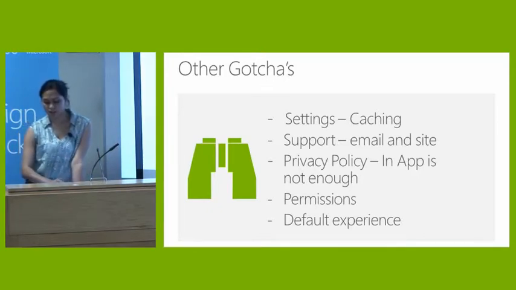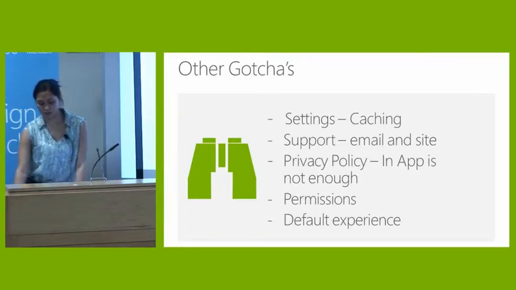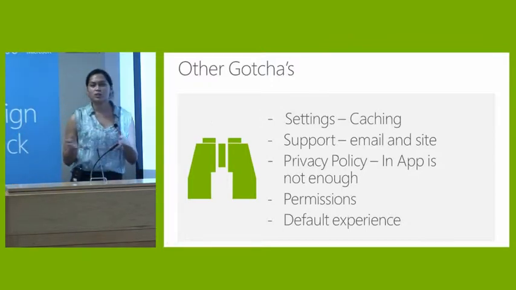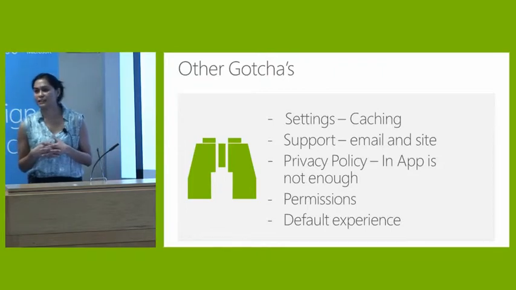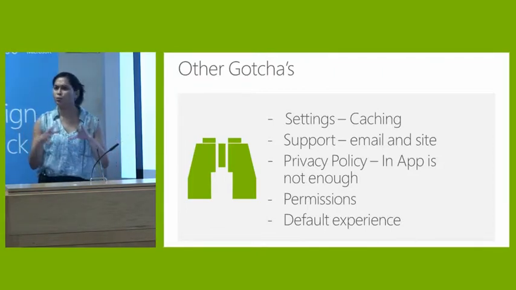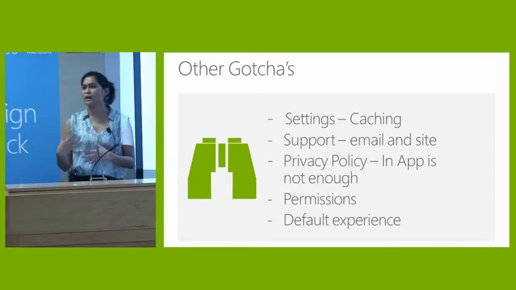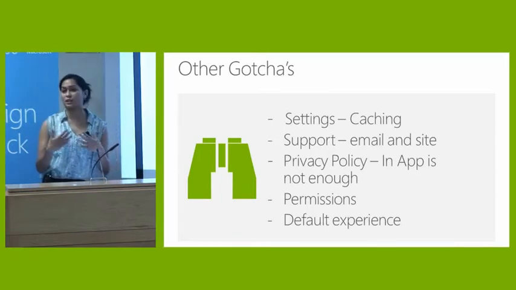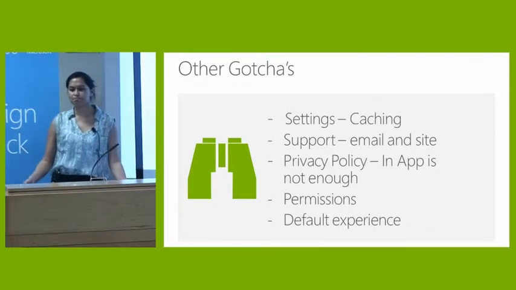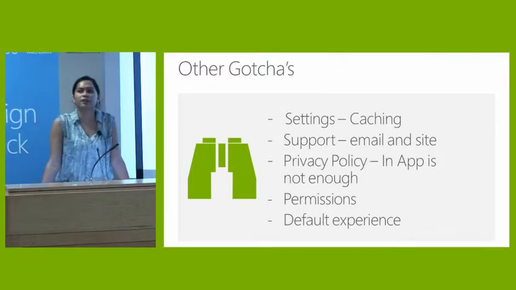So one of the things that I want to talk about is settings and caching. So we do our first App Excellence Lab, and the app is working about 60%-ish. Most of the views are there. You're able to load a video. You can actually see it. And first question, what's your default experience?